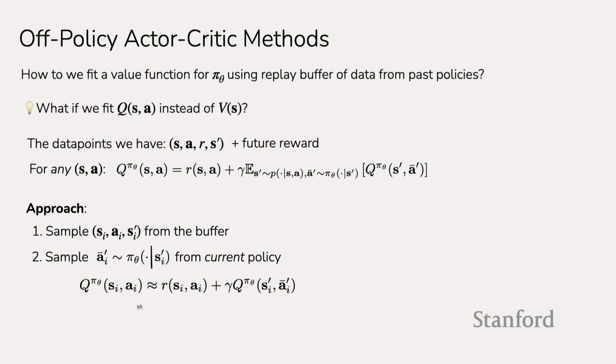Then we can estimate the Q function as the reward at the current time step plus the Q function for the next state in the buffer and an action sampled from our policy. Because this action is sampled from our policy rather than from the data set, we're actually getting an estimate for our current policy's Q function.